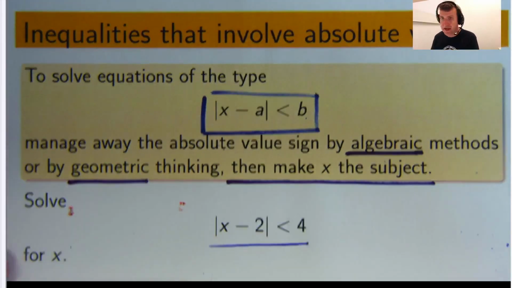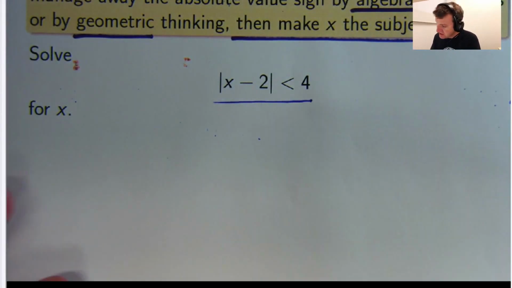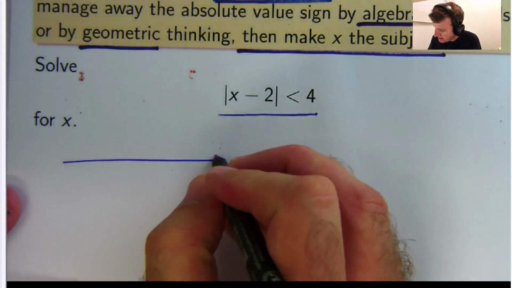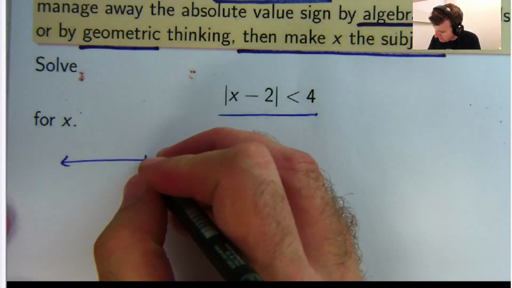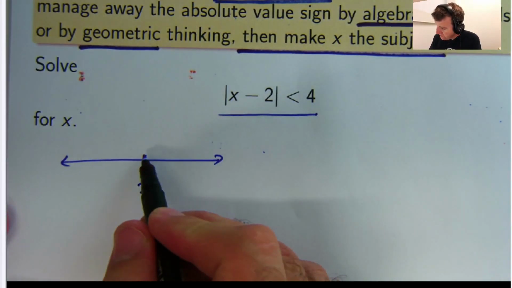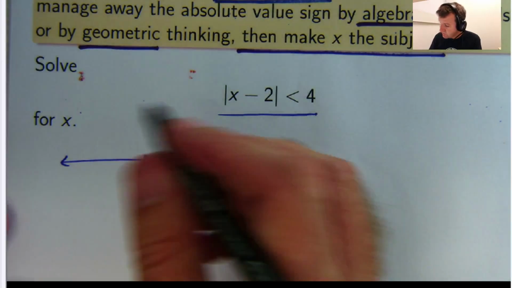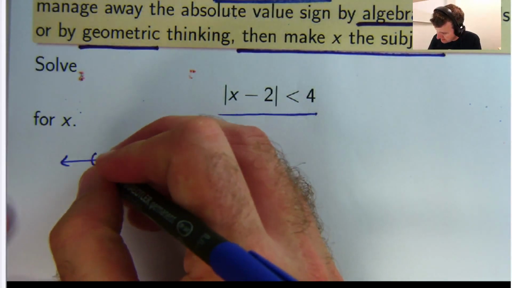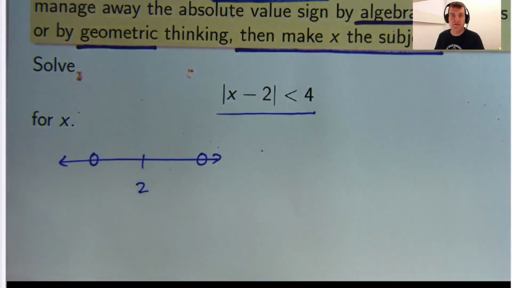There's two ways of doing this problem. The first way is just to draw a little number line. I'm going to put 2 in there, and you'll go 4 units that way and 4 units that way, because essentially we want all those points that are less than 4 units away from 2.